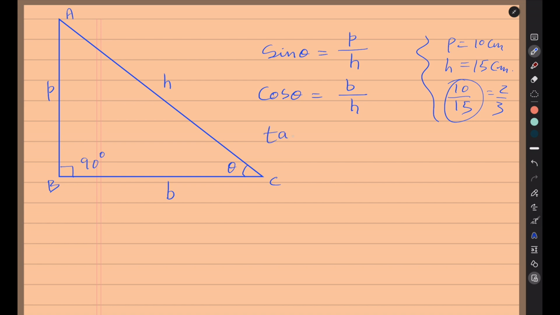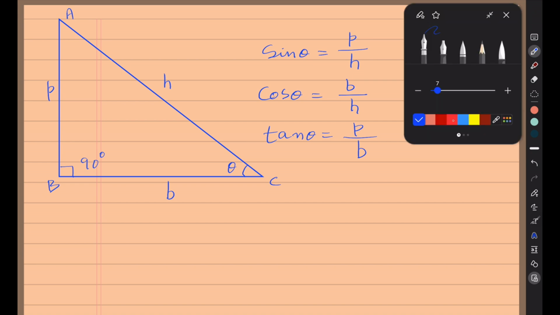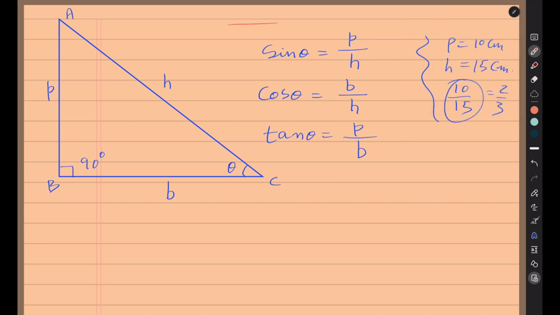And tan theta is the ratio of perpendicular to base. So basically these are three very, very basic trigonometrical ratios based on which we will learn trigonometry further.